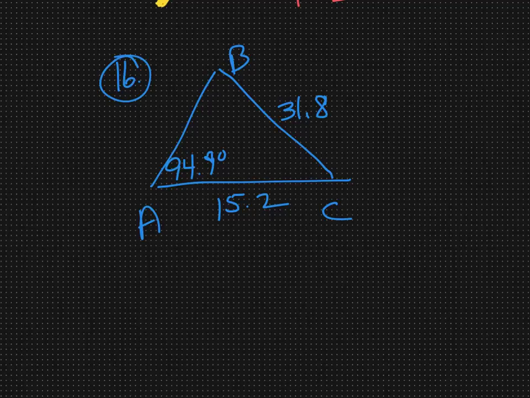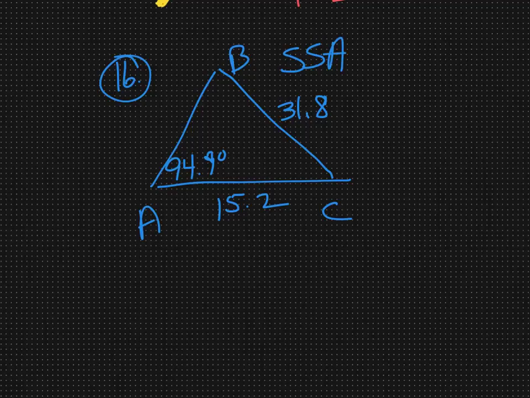So we're not told anywhere that we have a right triangle, so we can't use SOHCAHTOA. We do have an angle and its opposite side, so that's going to allow us to use the law of sines. If it's the law of sines, I have to ask the question, is this the ambiguous case? The ambiguous case was side, then angle.